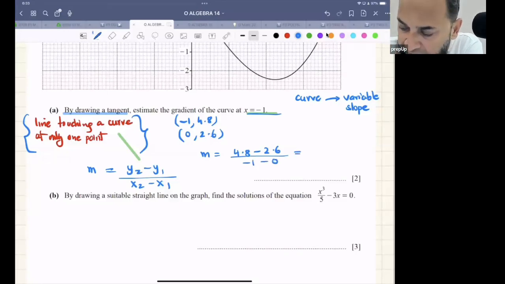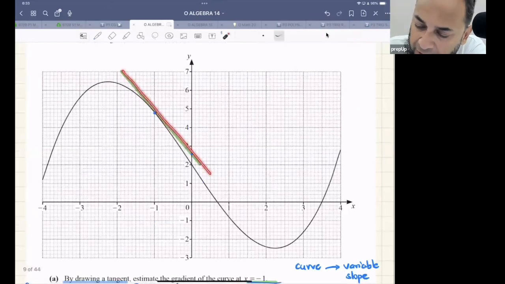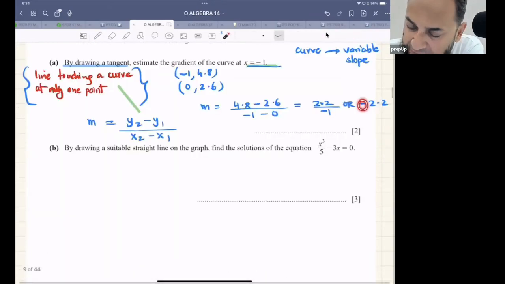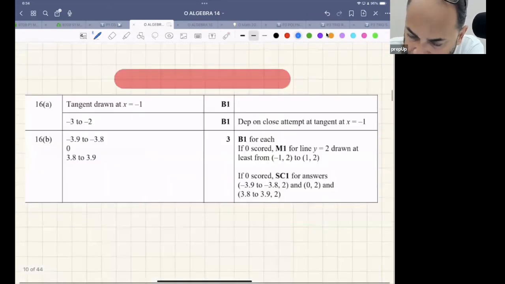So this is 2.2 divided by -1, which comes out to be -2.2, and that makes sense because a line going down like this has a negative slope. So let me write negative 2.2 over here.